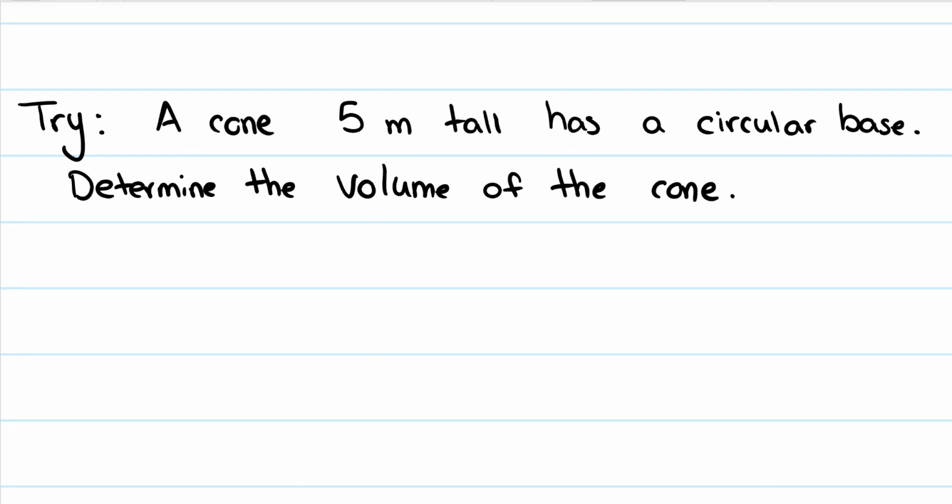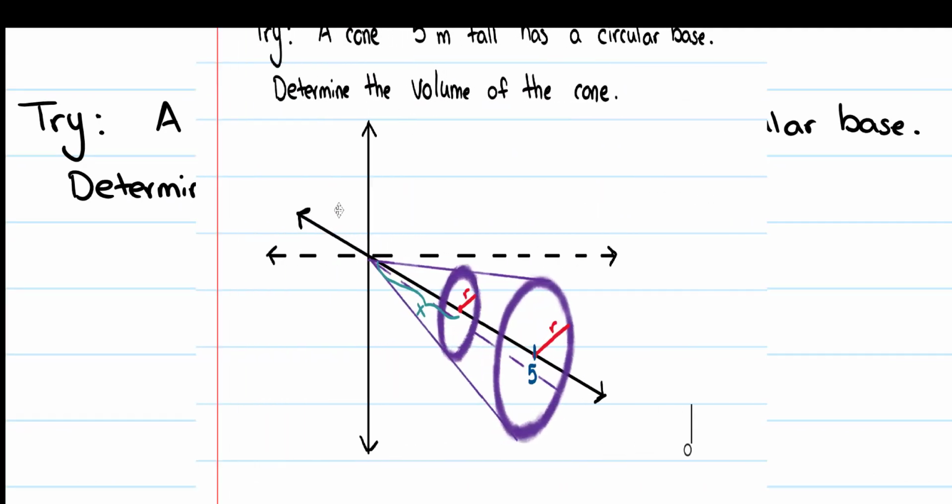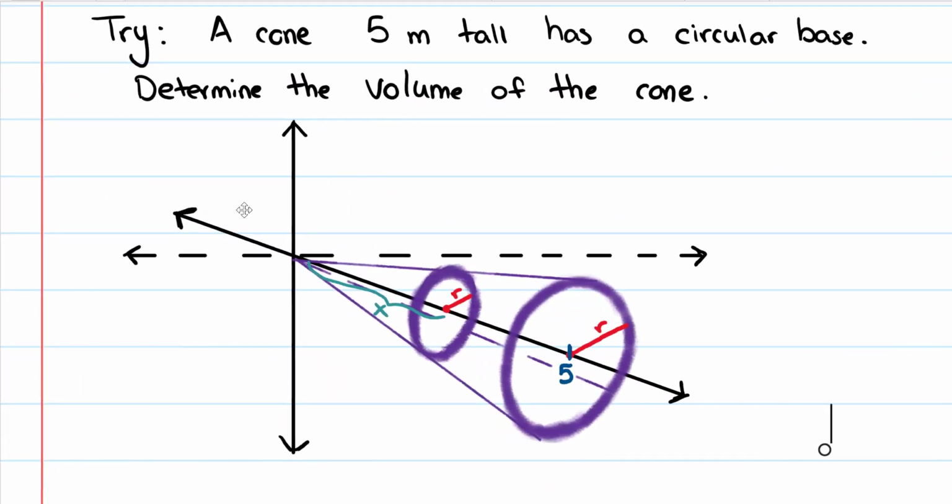So step 1 is to draw it. After you've drawn the image, it's important to label everything. So notice that right here we have a radius, and right here is the radius. Now as you move along the cone, the radius of the circles will get larger.